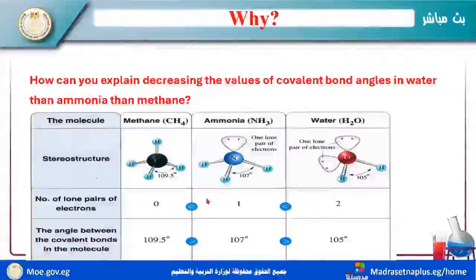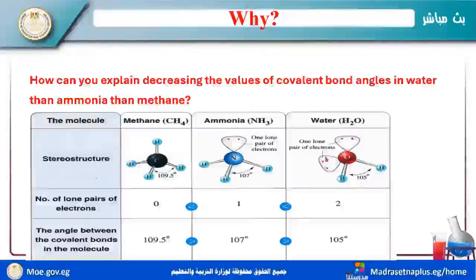How can you explain the decreasing values of covalent bond angles in water, then ammonia, then methane? We have these angles 105, 107, 109.5. This is the greatest. Why? We find the repulsion force here, where I have 1 lone pair, and here I have 2 lone pairs.